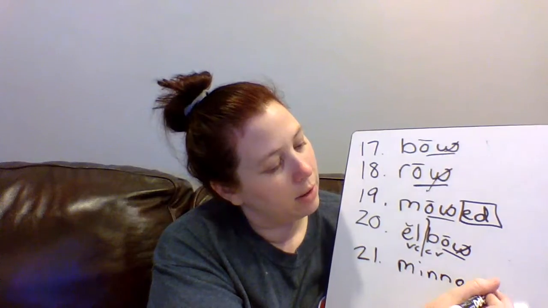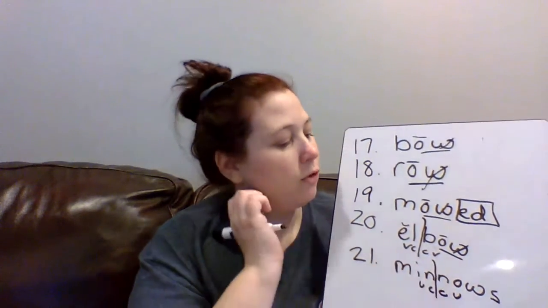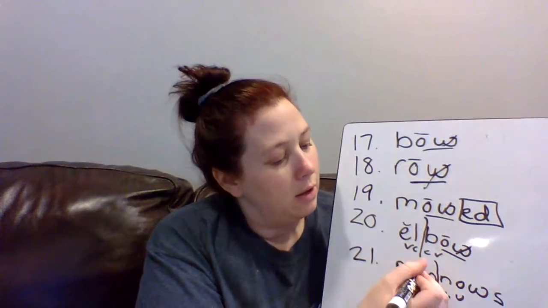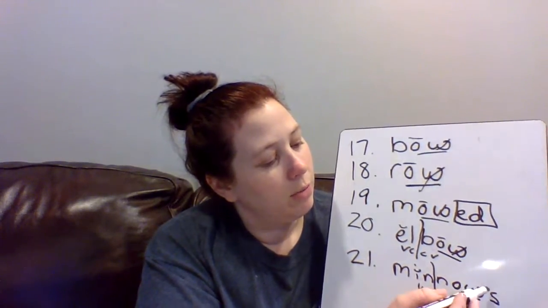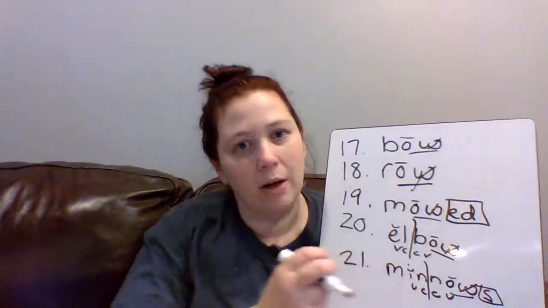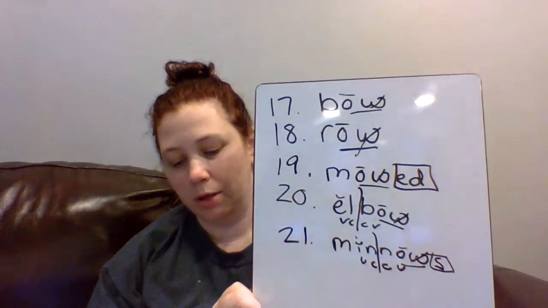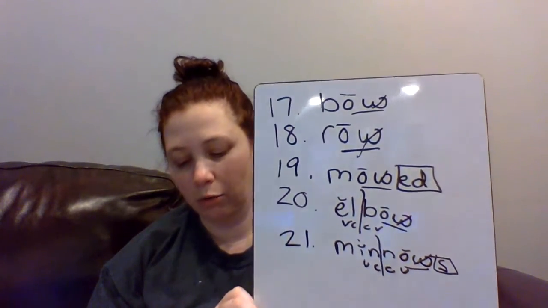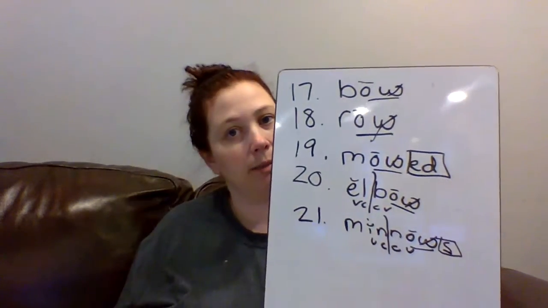Here we have our double consonant. We also have vowel, consonant, consonant, vowel. So we'll draw a line in between the two Ns. Here our I is vowel consonant gets a brev. Here we're going to underline our OW, cross off our W, the O gets a macron, and we will box off our S suffix. Make sure you have that coded before I erase and move on to the next set. You're also going to draw a line from the word over to the right where the picture matches.